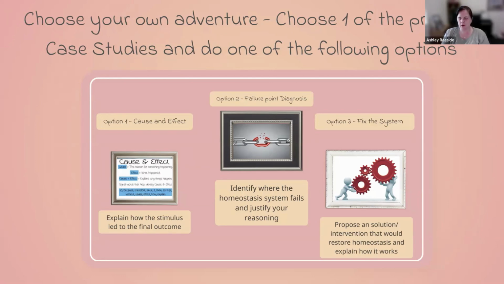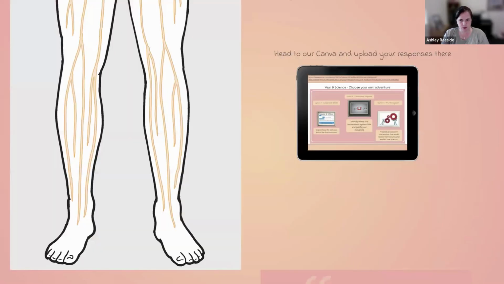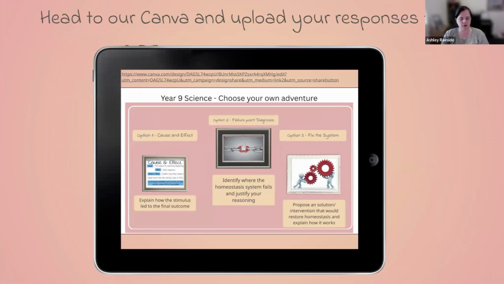All right. So for this one, I want you to head to our Canva page, and you'll see this as the first page here. You can use the website up there, and then you're going to add another slide under each thing for your choice. Okay, so just to confirm, you're going to choose one of the 3 case studies, so either the heat stroke, the viral infection and fever, or low blood sugar, and then you're going to choose one of these options to answer these questions, just one.